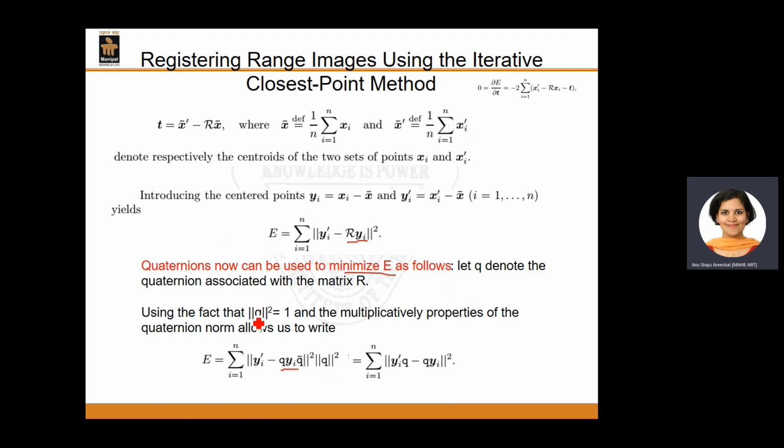And if q squared is equal to 1, I can just take that norm here, and I can simplify and write the expression this way. So what I'm trying to do is simplify this minimization function, and by simplifying the minimization function using the quaternion, I'm able to reduce the steps of processing.